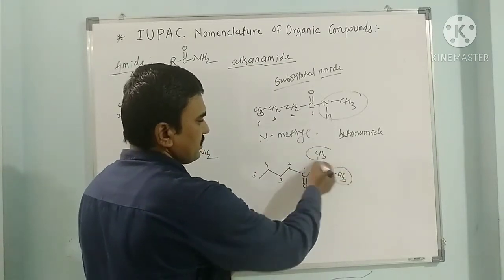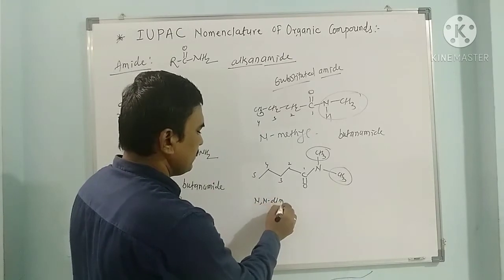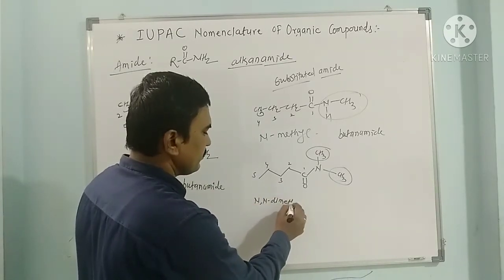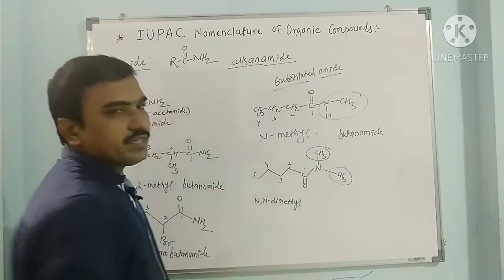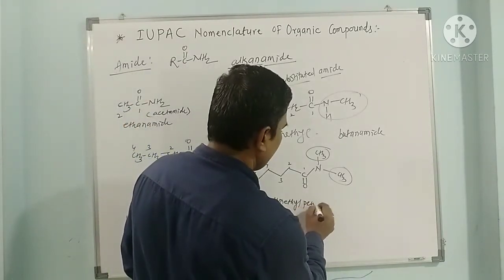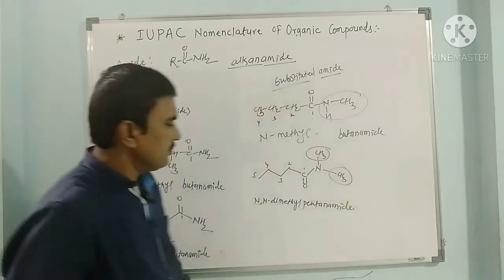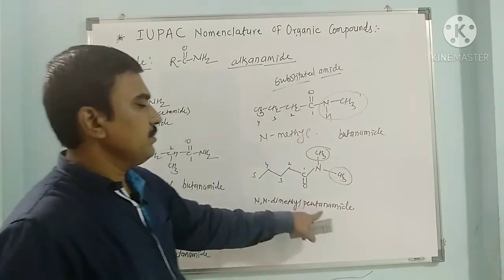N, N, di because two methyl groups are there, and 5 carbons means pentane. So the name is N,N-dimethyl pentanamide.